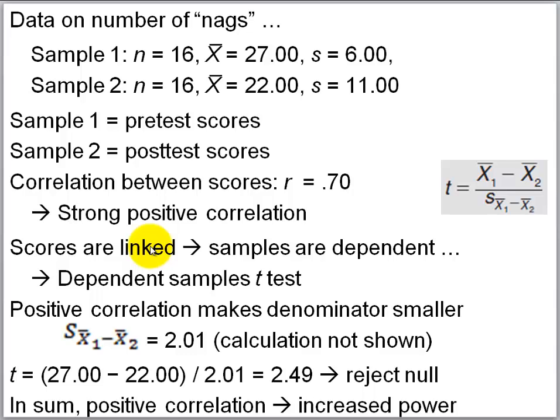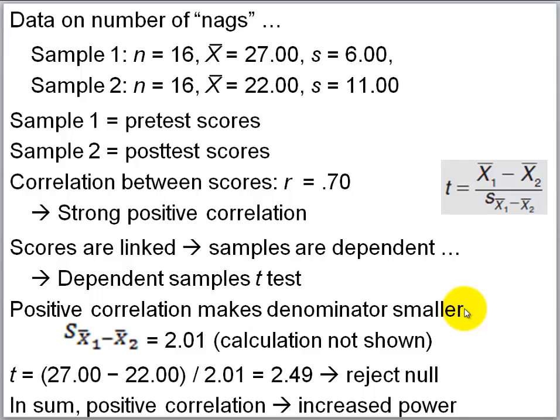The scores are linked. If we have, for instance, Cindy in sample 1, we have Cindy's pre-test score in sample 1, and we have Cindy's post-test score in sample 2. So there's the linkage. These are dependent samples, and therefore we should carry out the dependent samples t-test.